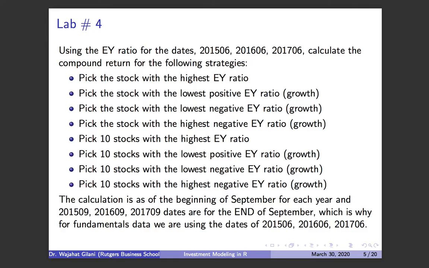Perfect. Now in 3 and 4, because of the wording, it gets a little confusing, but I'll explain it. In the third one, we're going to pick the stock with the lowest negative EY ratio. Now, what do I mean by the lowest negative EY ratio?